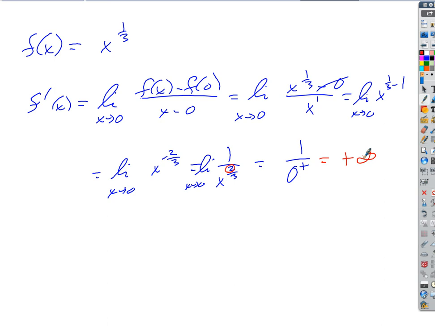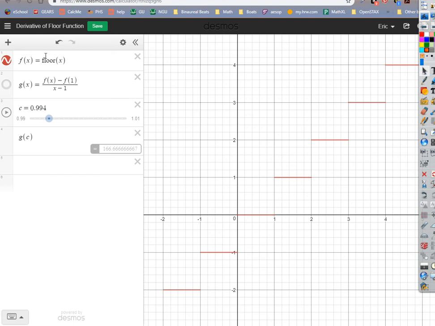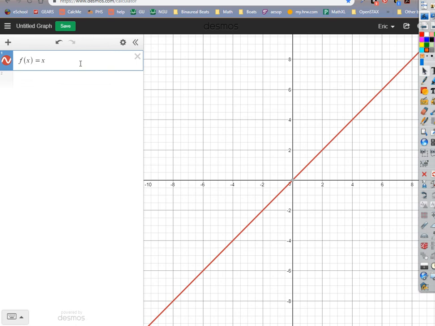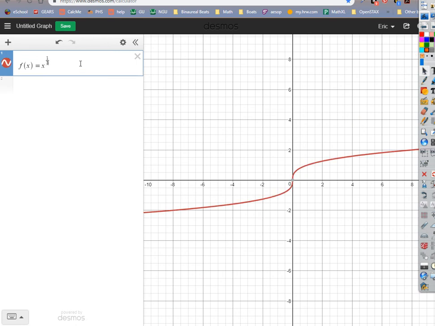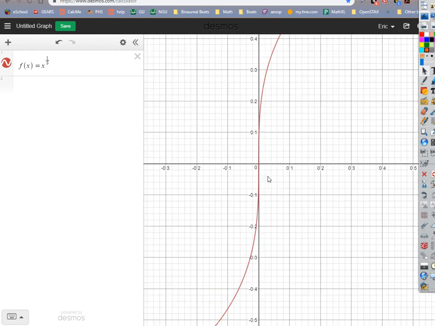Let's look at the graph and verify that that makes sense. Look at that graph. What's the tangent doing at the point 0, 0? It looks pretty vertical, doesn't it?